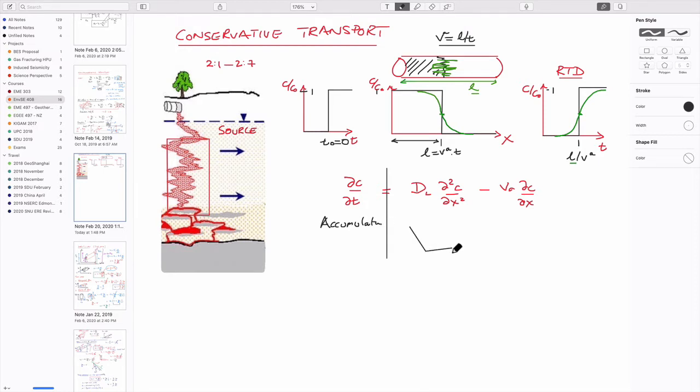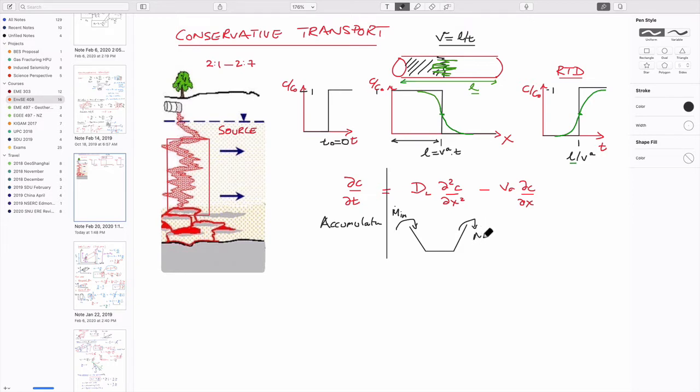This we could think of as a bucket, which I'll draw as a bucket: mass rate in versus mass rate out of the dissolved solute. In other words, not the water, but the dissolved solute being carried by the water.